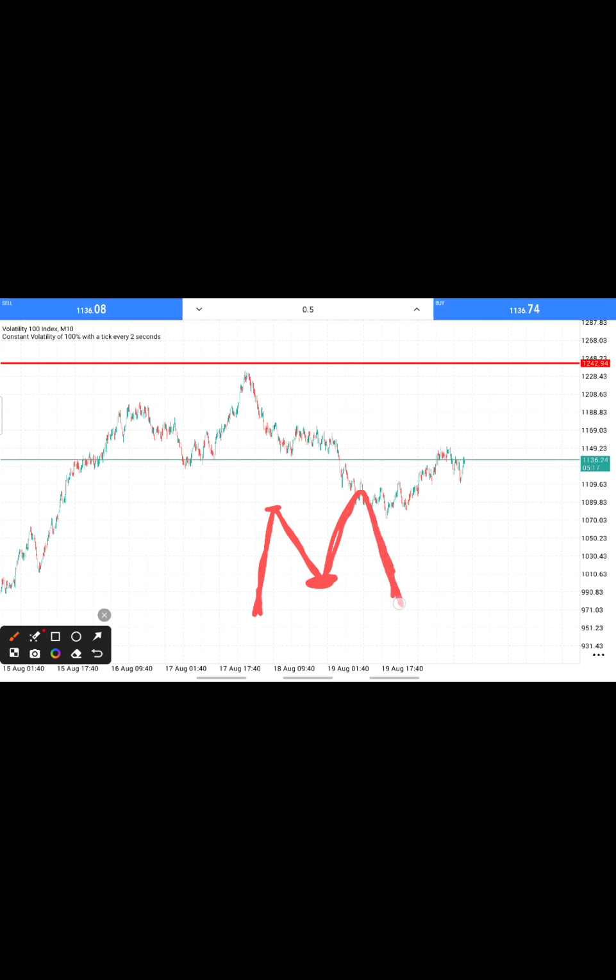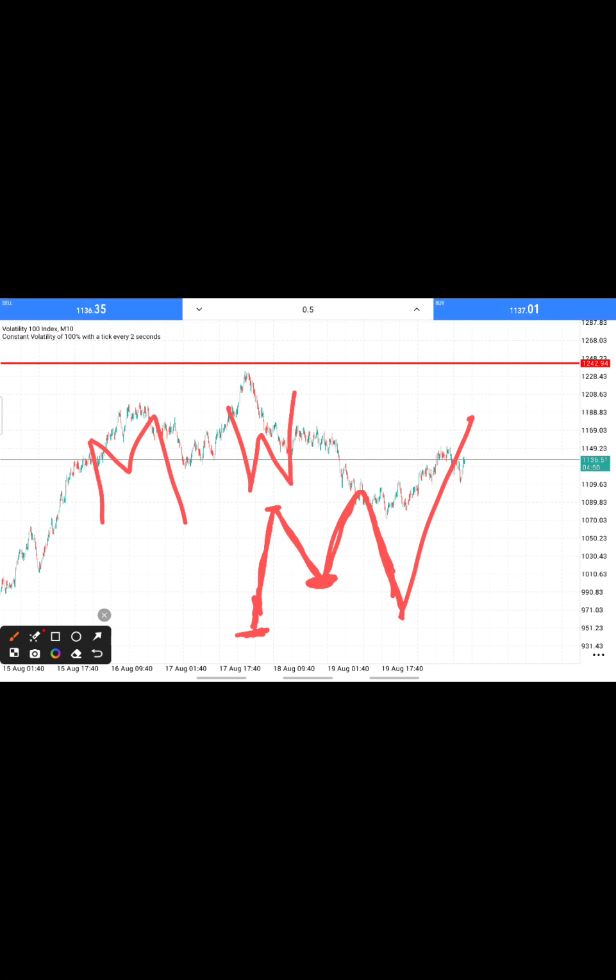Push down, push down, push down, and come and take this second low here and then start going up. So study this pattern very well. M pattern and W pattern. It always works.